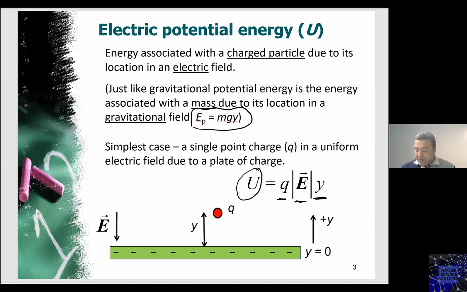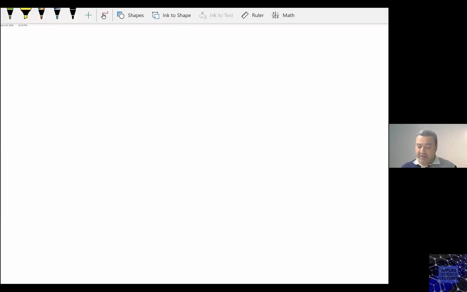So we know that in gravitational force, as we have seen in the previous lectures, if I have an object above my ground, let's say this is my reference, y equals 0, then there's a potential energy associated with this location with respect to my reference, such that this distance is h, for example.